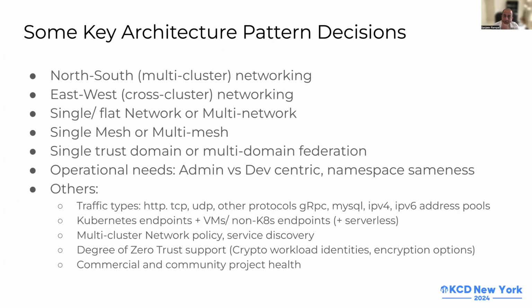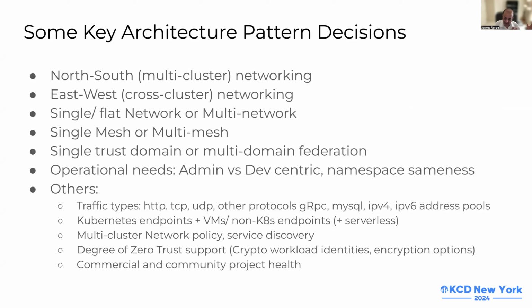So let's start with talking about architecture deployment patterns. Some of the key decisions that you would want to make include how you're going to define your north-south multi-cluster networking. By that, we mean ingress traffic from, let's say, a web client to a web service running on your Kubernetes or virtual machine clusters, but now across clusters.